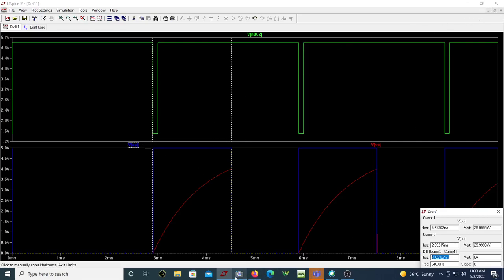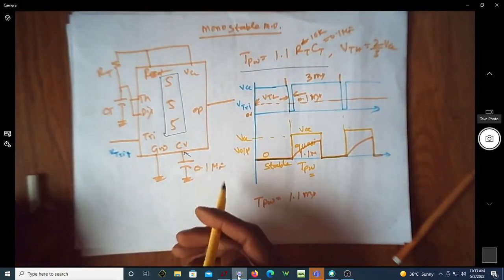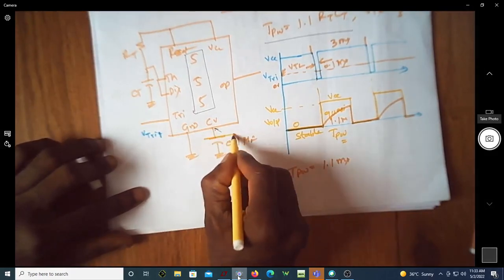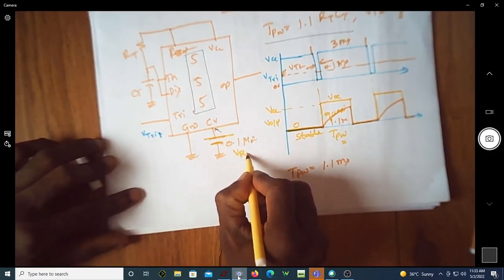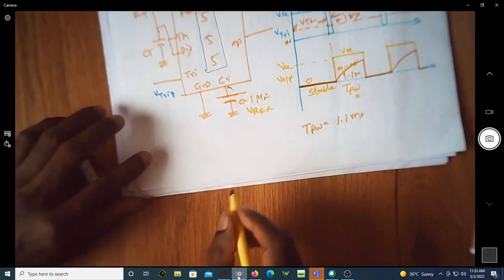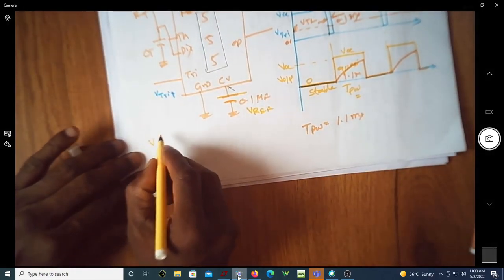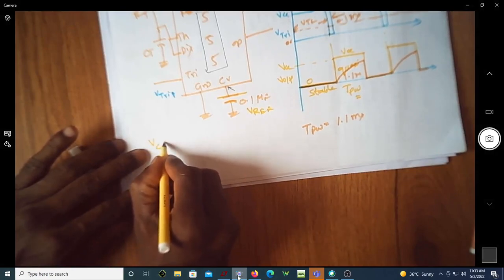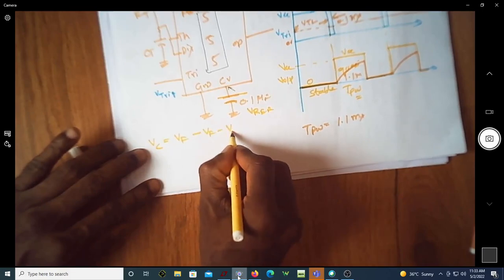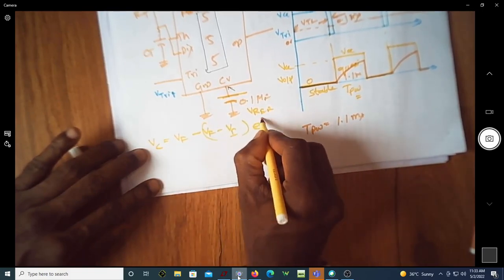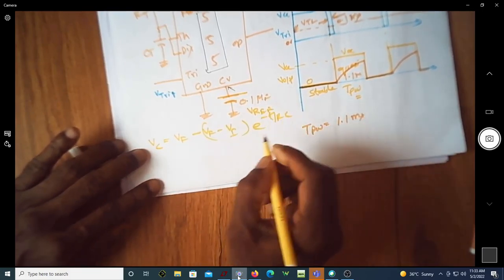So let us try to find the expression for the pulse width when you have a trigger and a threshold voltage other than 2/3 VCC. Assume that you have a V reference. We know the capacitor voltage expression: VC is equal to V final minus V initial e power minus T by RC.